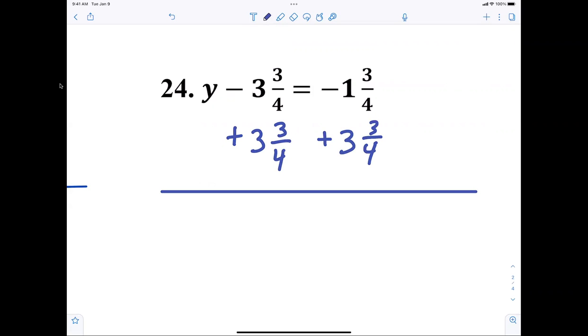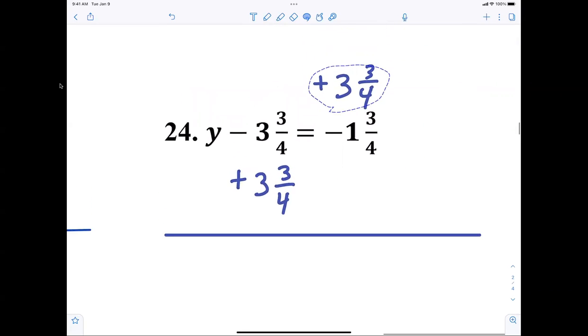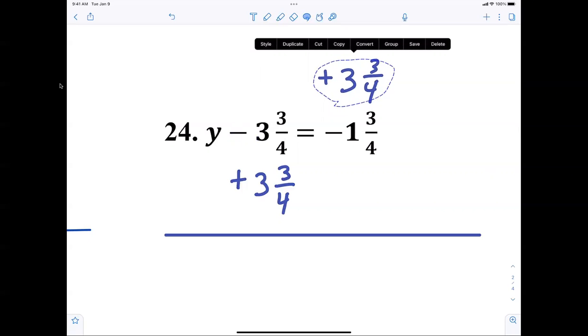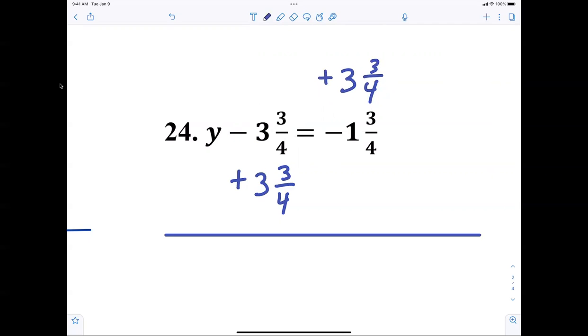Now remember, I also told you that the large number should go on top. Now we're subtracting, right? So what happens to the 3/4? Yes, they cancel. It was just 2. Does that make sense now?